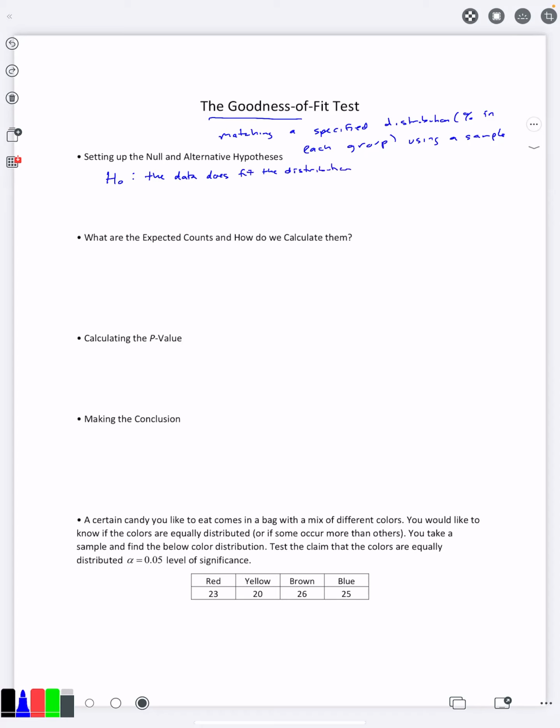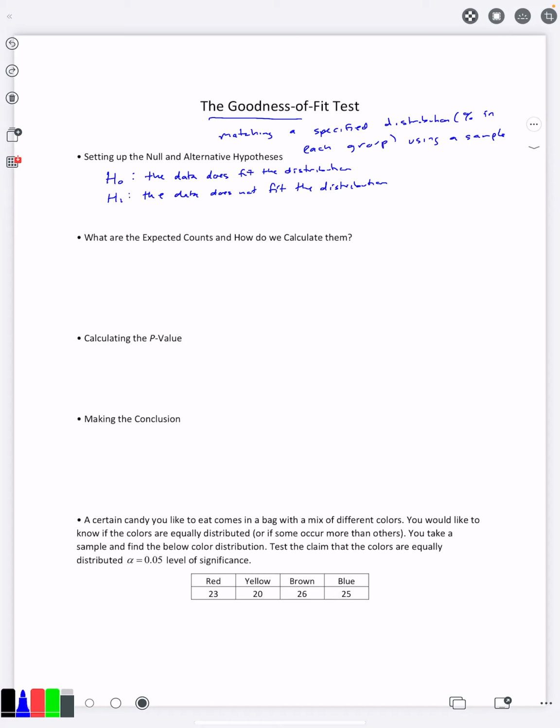If the two things match, that's our H0. And then H1 is the data does not fit the distribution. And this is technically your H0 and H1 for every single goodness of fit test problem. You don't have to have a left-tailed, right-tailed, or two-tailed test, changing up slightly and so on. You are literally always saying either it matches the distribution or it does not match the distribution. Those are our two hypotheses here.